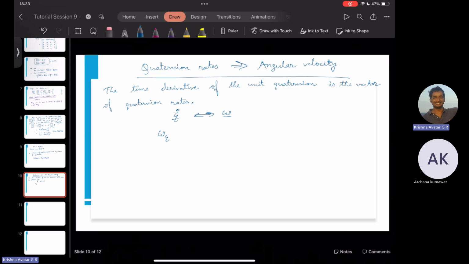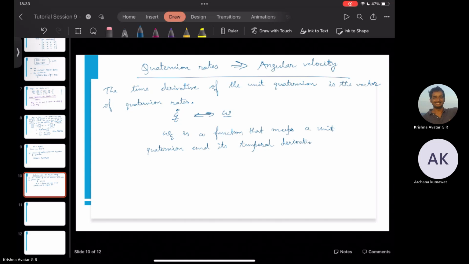Right? So what they do is, WQ is a function that maps a unit quaternion and its temporal derivative to the angular velocity in, say, world coordinates, right?